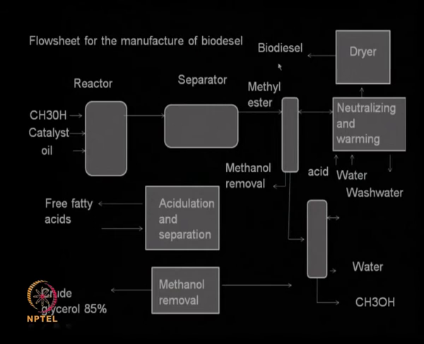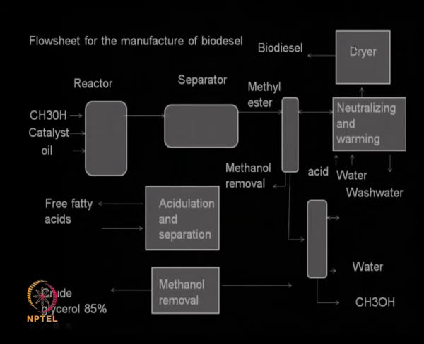So, so many things are present inside. So, obviously you need to separate them, and then you have several distillation columns. By using these distillation columns you are separating methanol, you are separating glycerol, and then you are separating your biodiesel, and then finally the biodiesel is dried here. Dried means the water in the biodiesel is completely removed.